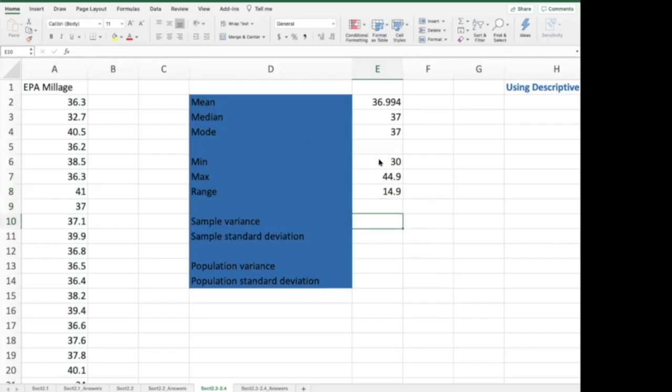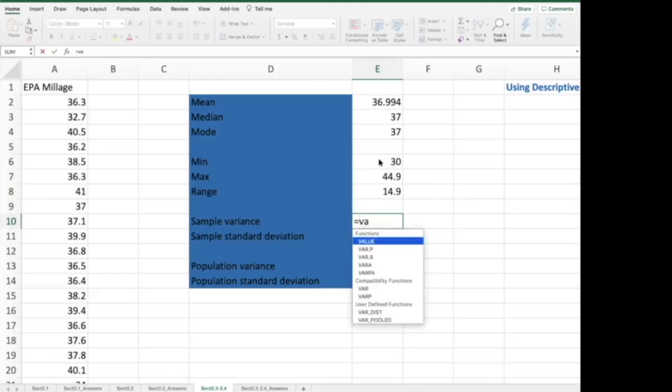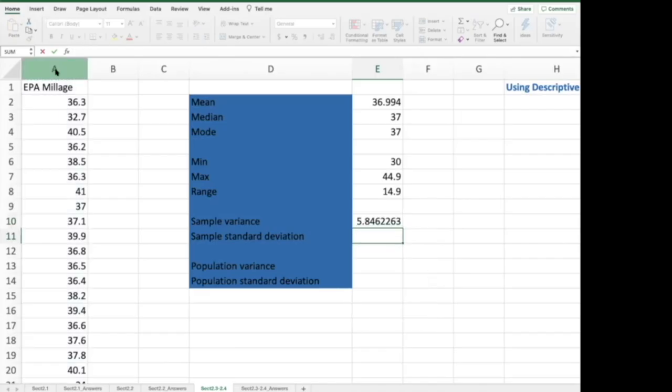For the sample variance, it's VAR, and as I said to you, you have VAR.P and VAR.S: P is for the population and S for the sample. Because this is a sample, you will choose VAR.S and then select the data, so you have the sample variance.